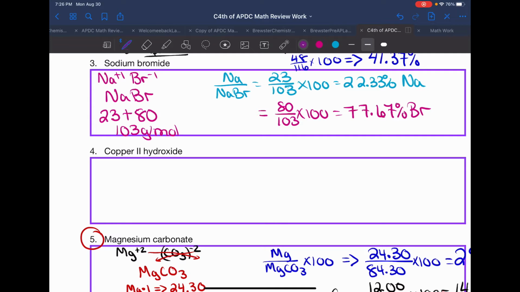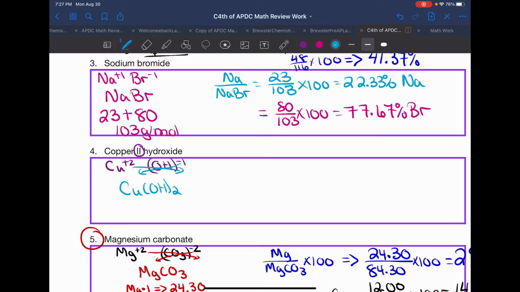Copper has a charge of 2 because I gave you the Roman numeral. Hydroxide is OH, and it's a -1. So we're going to criss-cross, and we get Cu(OH)2.